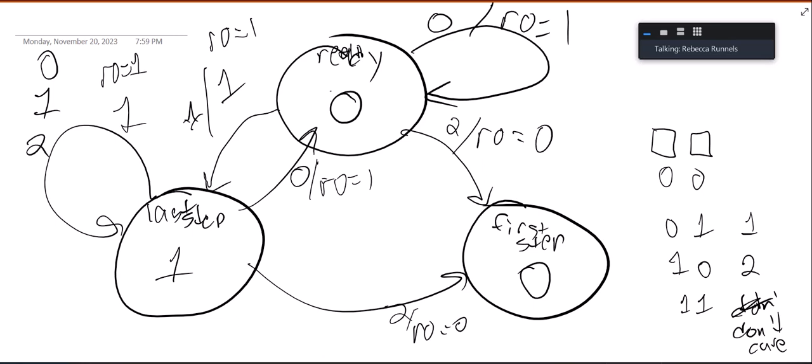Now, those are your 3 options if you're in state 1. If you're in state 2, you don't have any options. The only thing you can do is go to this state where you are going to complete your task in the next clock cycle. So it doesn't matter what it receives.